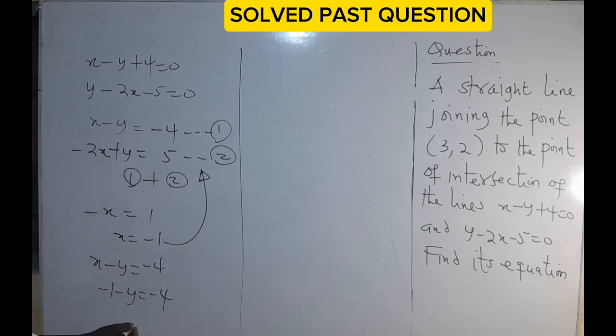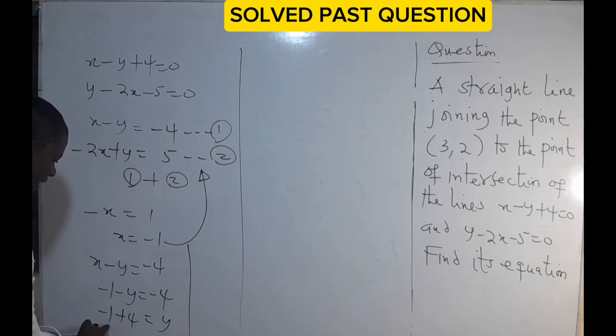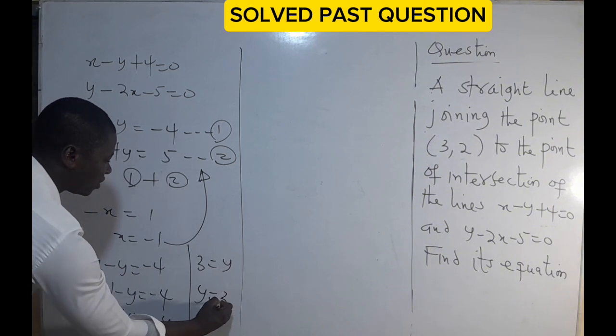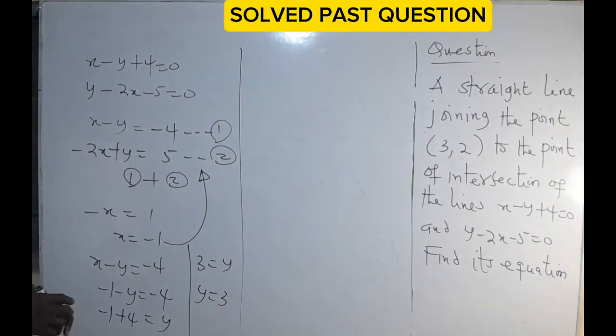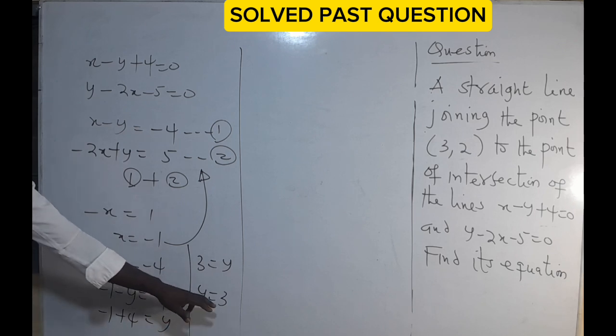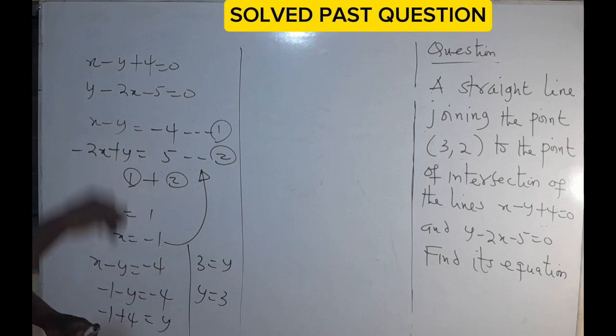If you want to solve for y, the minus 1 on the left becomes plus 4 on the right-hand side, and the minus y becomes y on the left. So minus 1 plus 4 gives us 3. So y equals 3. So the value of x is minus 1 and the value of y is 3. So (minus 1, 3) is the point of intersection.